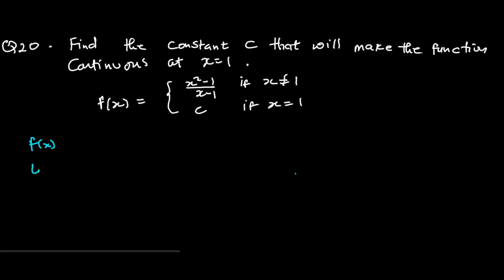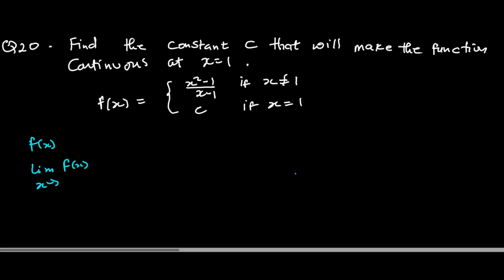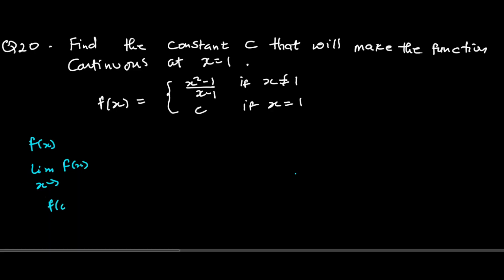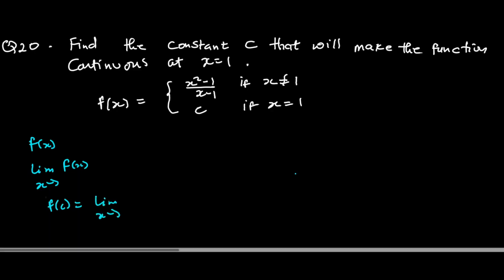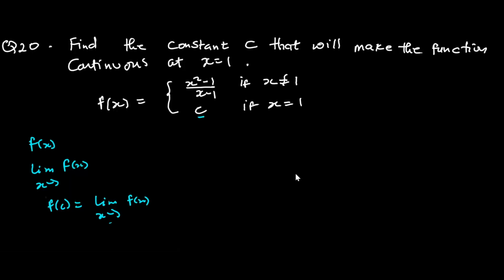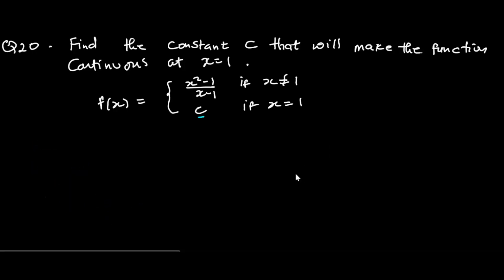And then the limit of f of x as x approaches the limit point should also exist. And lastly, f of c should be equal to the limit of f of x. If they are equal, then the function is continuous. So in that case, we can say that c should be equal to the limit of the first one, and that will give us what we need.